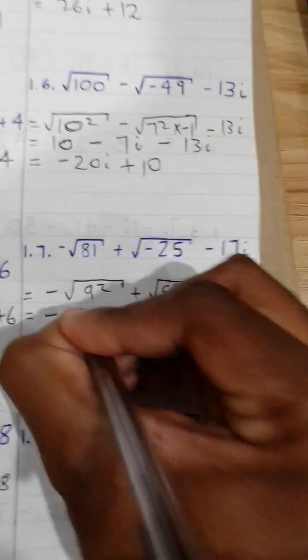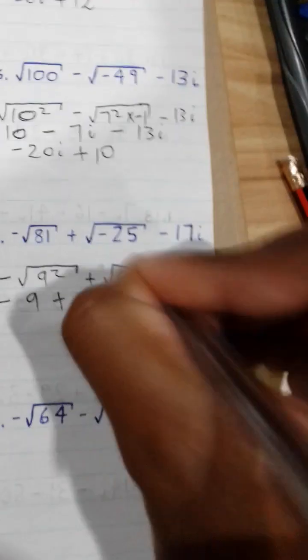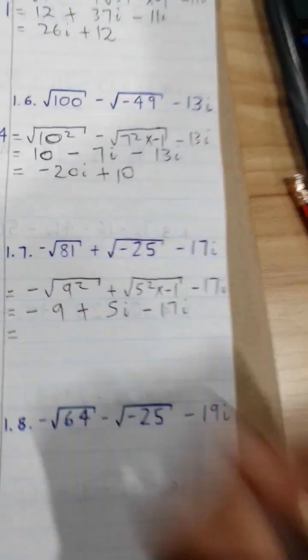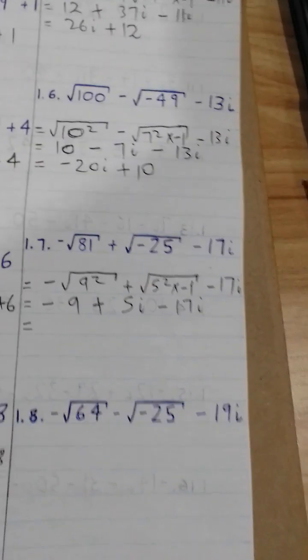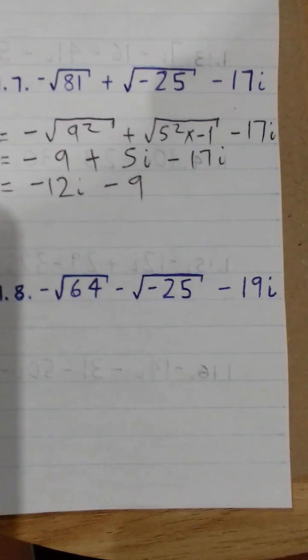Negative square root of 9 squared is negative 9, plus square root of 5 squared is 5 times square root of negative 1 is i, minus 17i. 5i minus 17i is negative 12i, minus 9. Okay, hope that is clear, and I hope that makes sense.